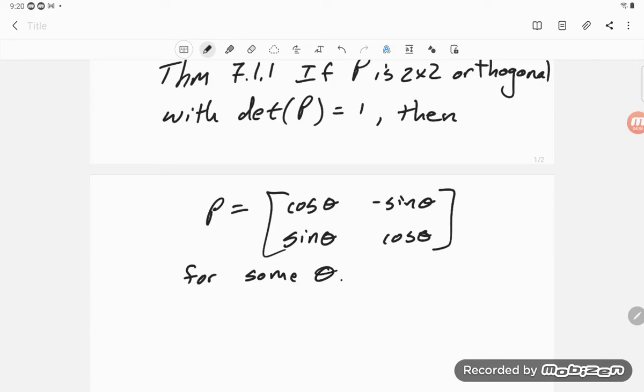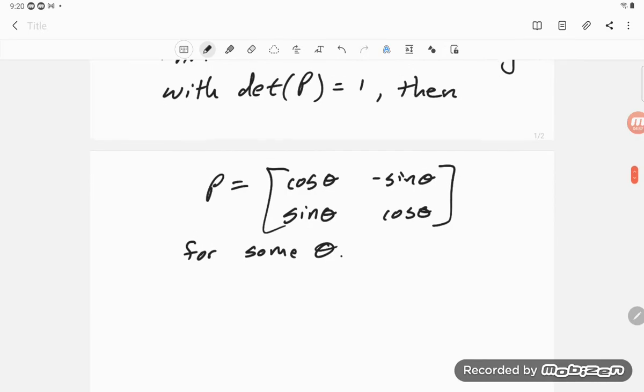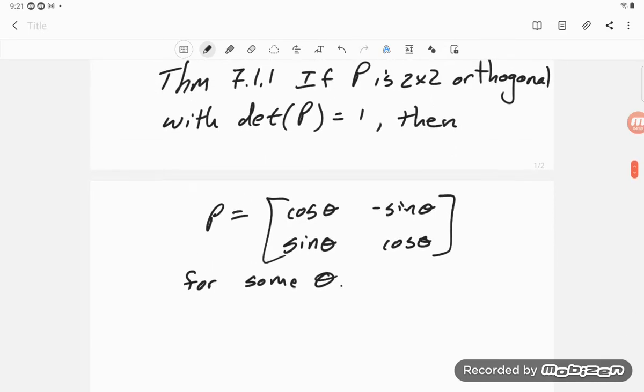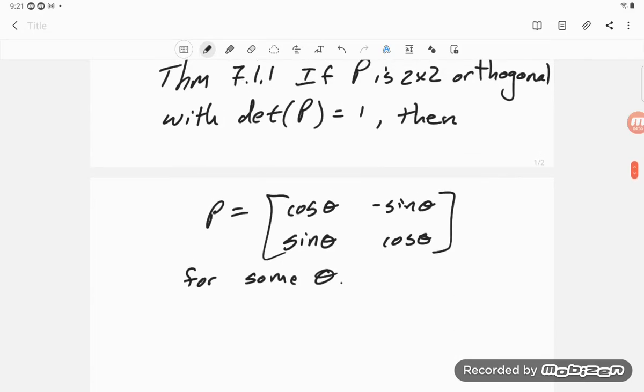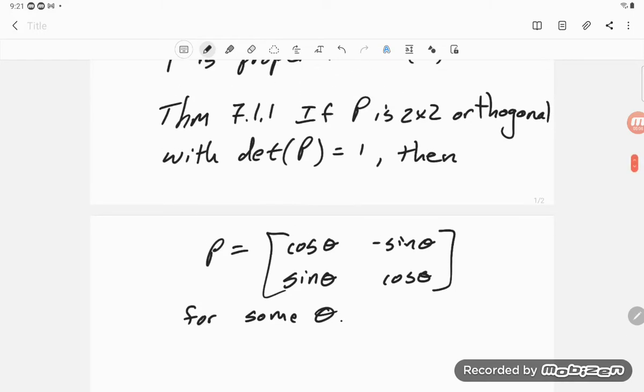Now, I haven't looked at the problems yet, so I don't know. They don't prove this right here. Now, this is an interesting thing because certainly I could take P times P transpose or P transpose times P and work with this and show it's the identity. But that's not what this theorem says. It's actually the other direction.